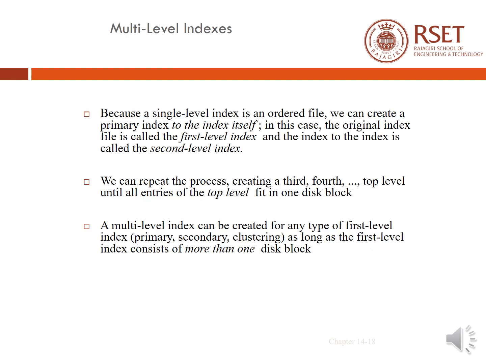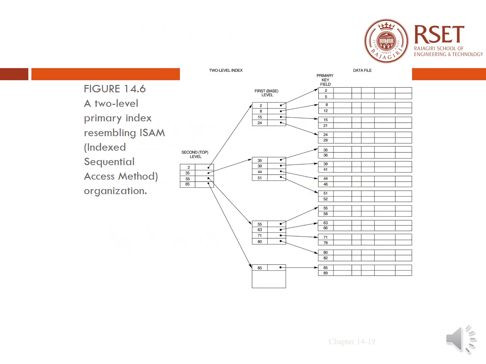Okay. Next one is multi-level indexing. Multi-level indexing means suppose the first level of indexing is already there, and I am going to create an index for that index. That is known as multi-level indexing. With an example, first we will come back to the definition. Here, this is my table.